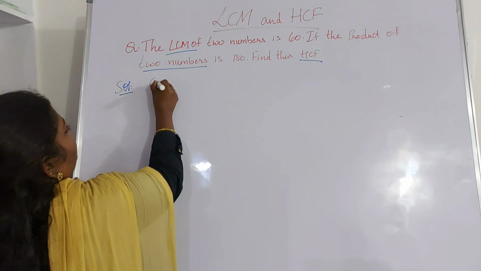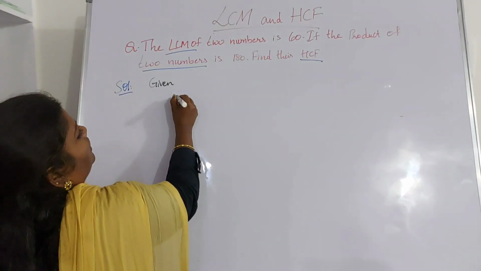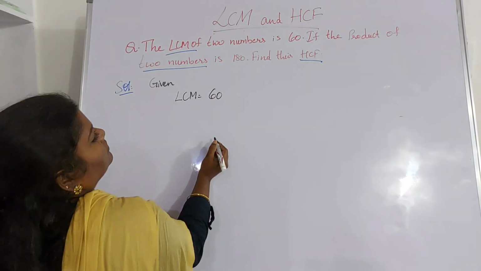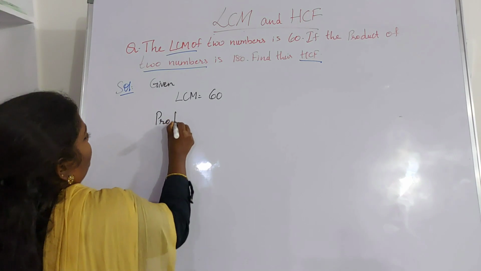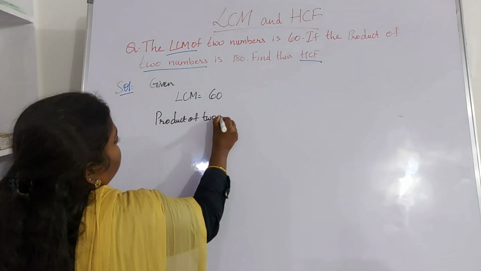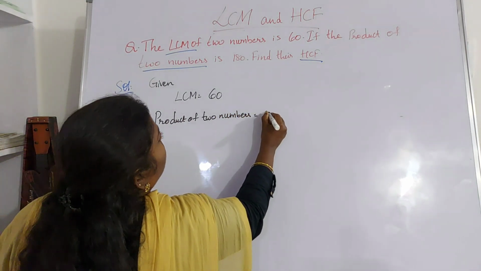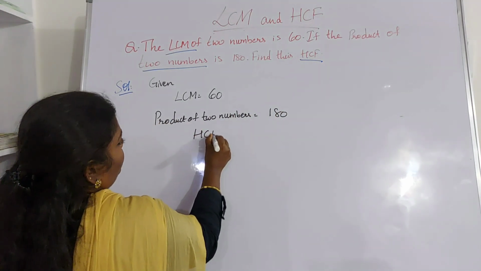Given: LCM is 60, product of two numbers is equal to 180, and HCF you need to find out.